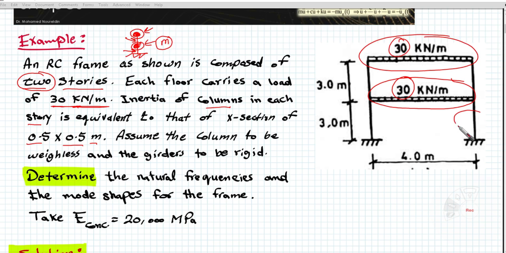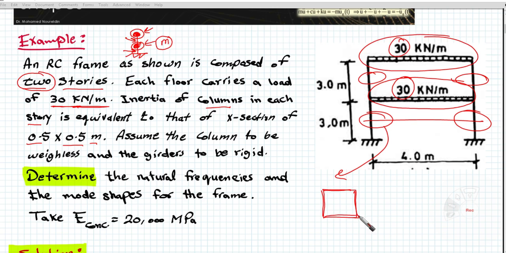This means that the columns in each story are equivalent to a cross-section of 0.5 by 0.5 meter, as if this column and this column, if we put them together, they are going to have the equivalent stiffness of putting one column only, like this, with a cross-section of 0.5 by 0.5 dimensions.